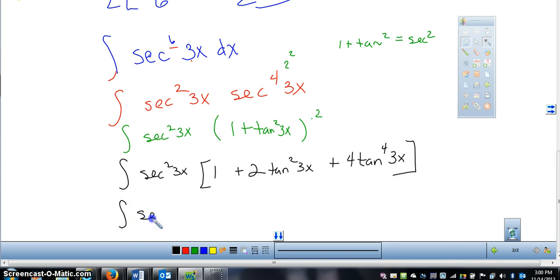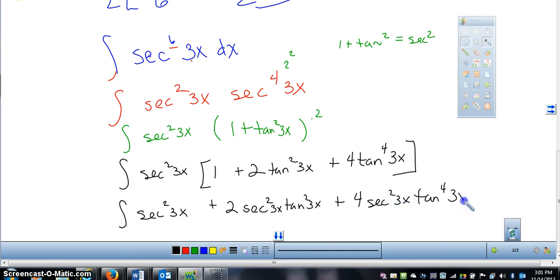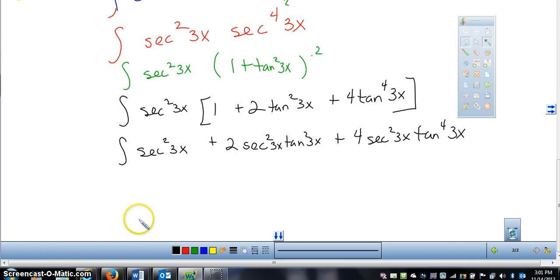And then I'm going to rewrite these as secant squared of 3x plus 2 times secant squared of 3x tangent squared of 3x plus secant squared of 3x times tangent to the fourth of 3x. And the reason that this works out perfectly is because this one integrates secant squared.